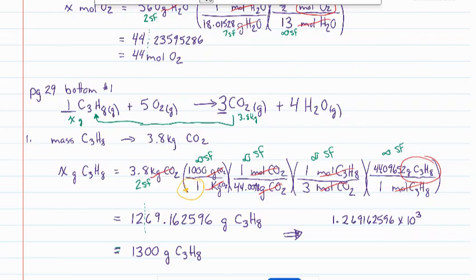In which case, when we do our rounding to 2 significant figures, it makes a little bit more sense. Like I said last week, scientific notation is sometimes your friend when you're trying to figure out significant figures. Okay? And grams of C3H8.